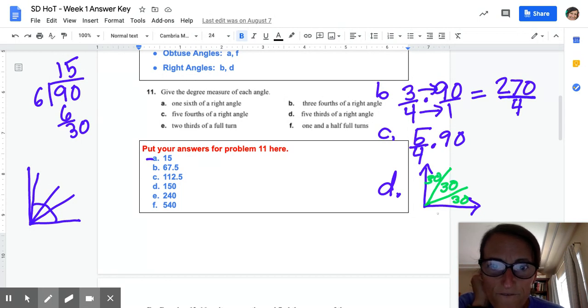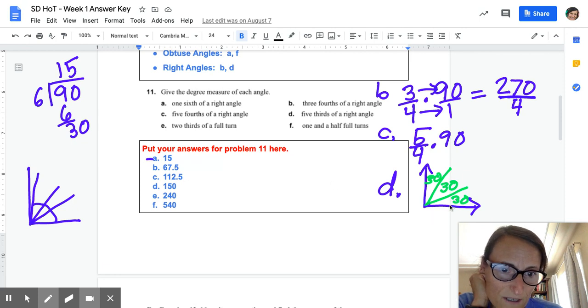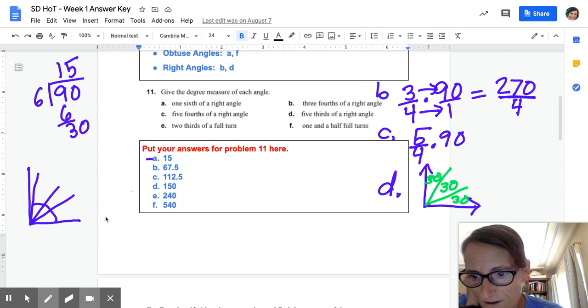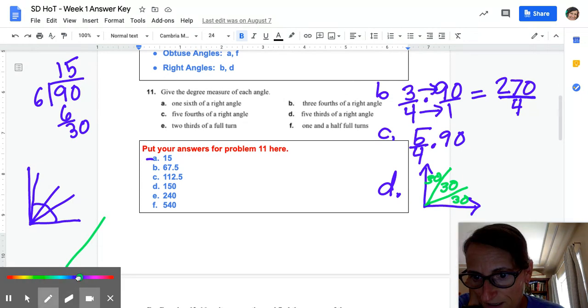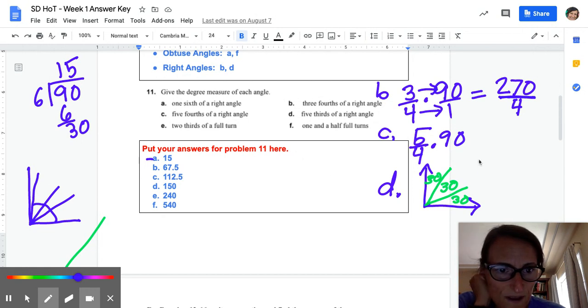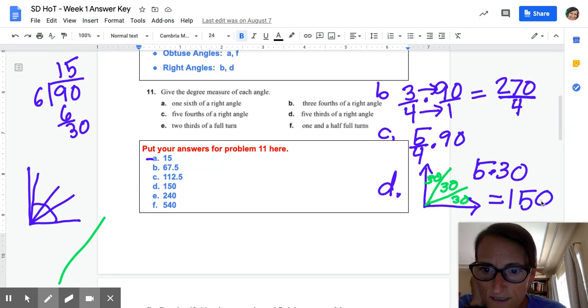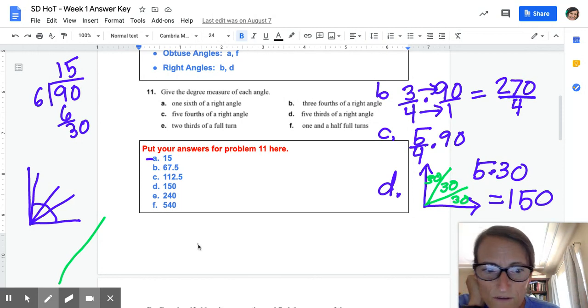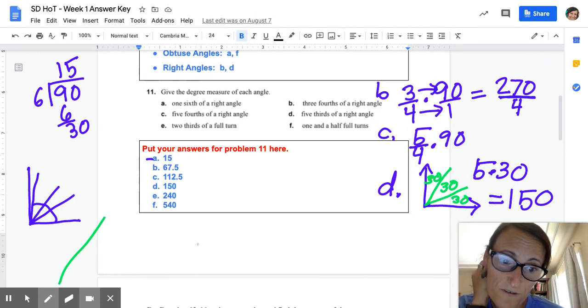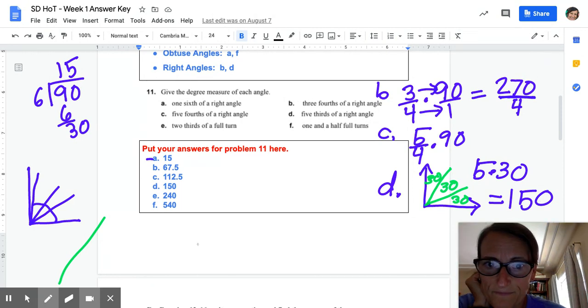So if you have 5/3 of a right angle, this is 3/3, and then you had 2 more, you would altogether have 5 times 30 equals 150. Okay, so D, that's where we get that 150. But it's always a good idea to have in mind that 1/3 of a right angle is 30.